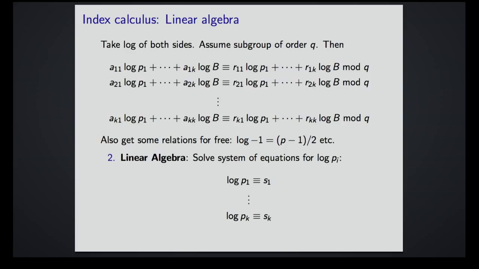And I also potentially get some relations for free, depending on what the group is. And so I have, say, B unknowns here. Once I get more than B relations, then I can solve this system of linear equations, mod the order of the group that I'm working over. And then I get the logs of each of these small primes mod p.